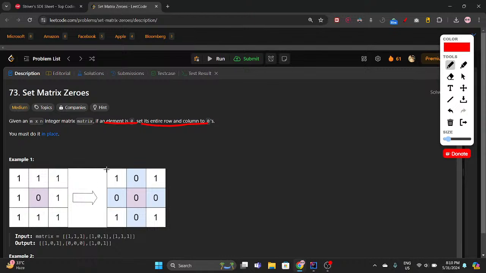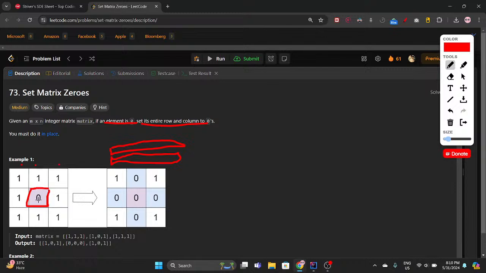So the brute force approach would be storing an array for rows, array for columns, and then keeping the values of the row and column position. So here it is 0, 1, 2.